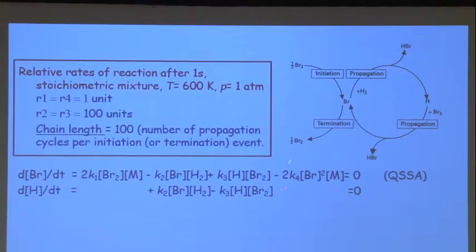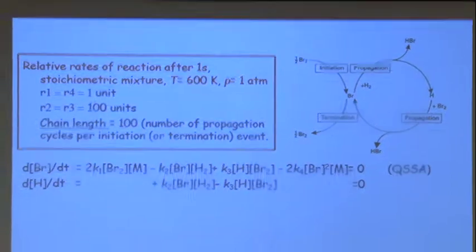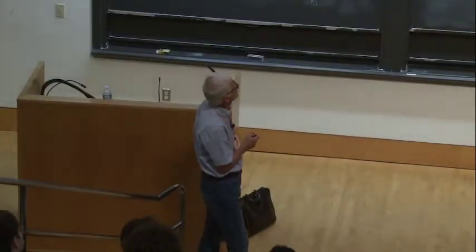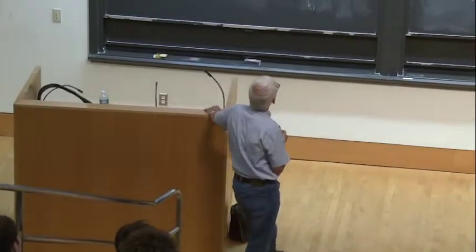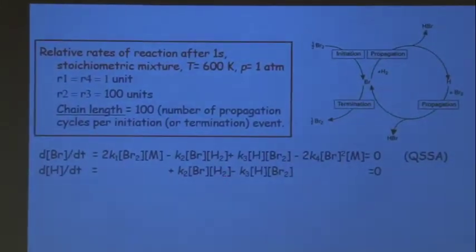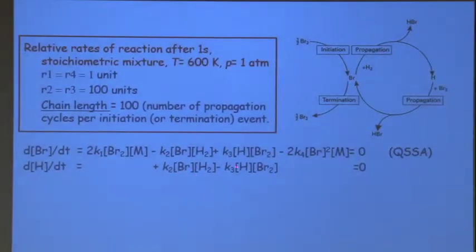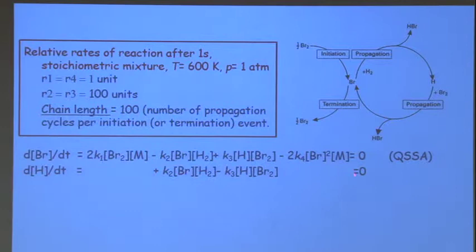And there's again a factor of 2 in there because we remove 2 bromines when each of those steps occurs. Write down the same for hydrogen, and we just have these 2 terms here. And those are both equal to 0 if we apply the steady state approximation. And these atoms are reacting very, very much more rapidly than either the H2 or the Br2. So this is a reasonable approximation.